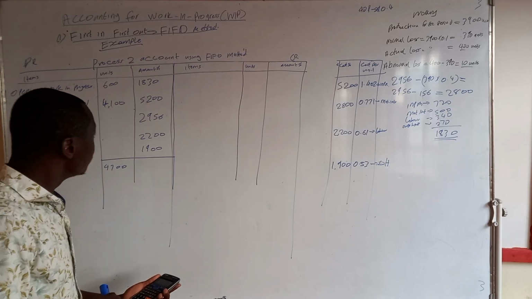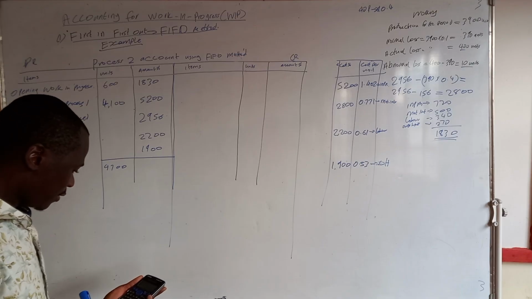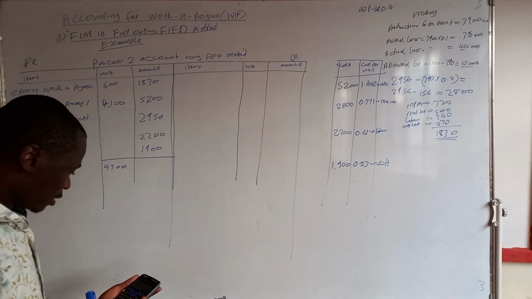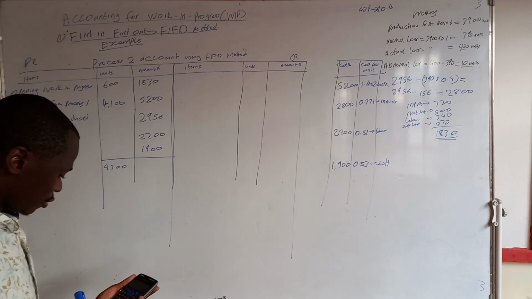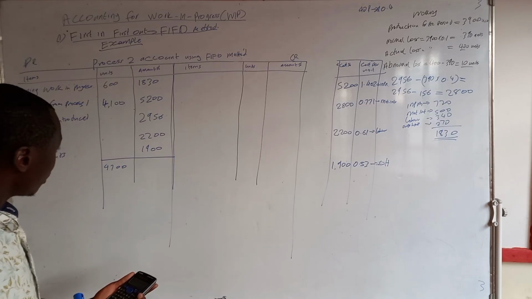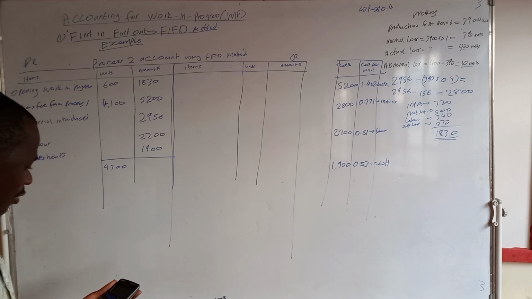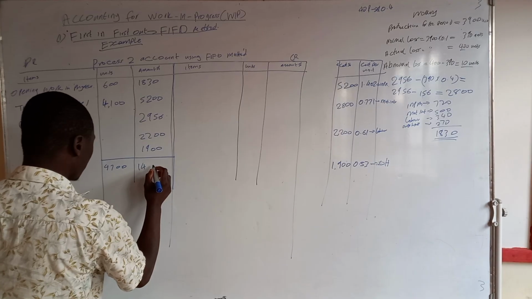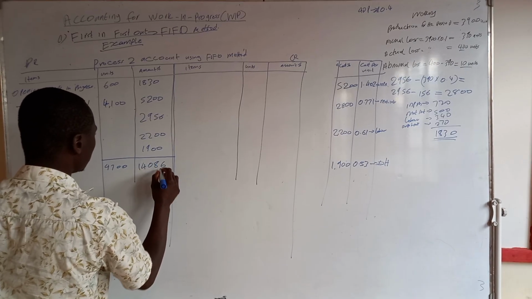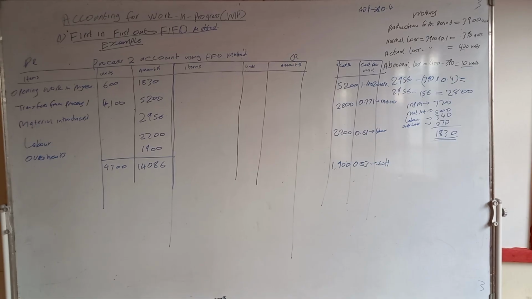It's 1,830 plus 5,200 plus 2,956 plus 2,200 plus 1,900. And this will give us 14,086 shillings. Okay? Now, from there we want to balance this side.